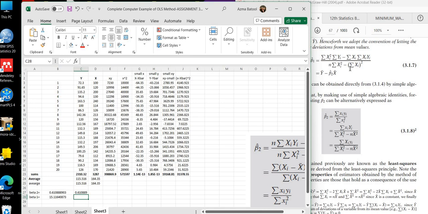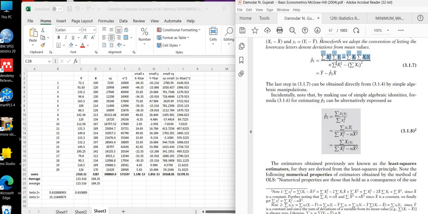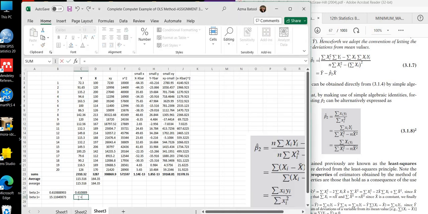So what does it require? Look, this has a slash, you have a division, right? So I prefer that we capture this entire expression in one bracket, and capture the one below in another bracket. So I will start with a bracket. Put this equal sign, then start with bracket, and then what I need is summation x square.